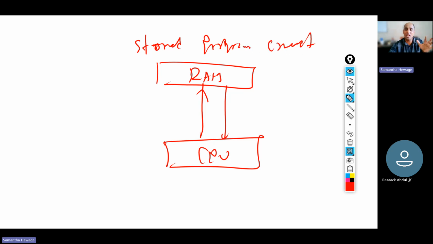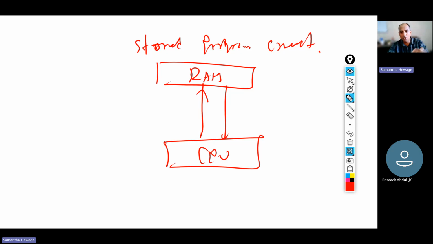So all our hardware architecture, all computer architecture, the CPU and the RAM, at the hardware level, this is the base. This was a very good step in the computer world in those days.